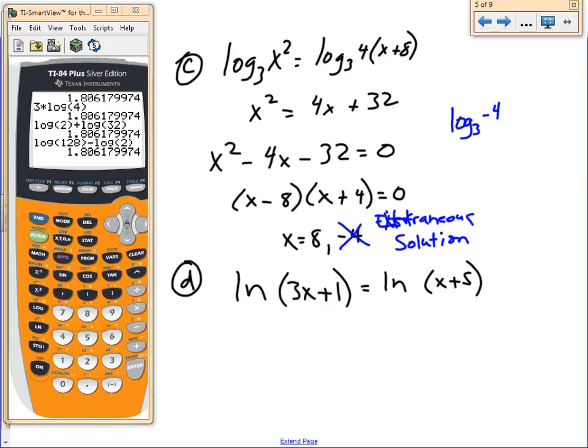Got your logs. Now I can just drop them. So 3x plus 1 equals x plus 5. 2x equals 4. X is 2. What should happen when I plug 2 back in? It's 3 times 2 plus 1, 2 plus 5. Natural log of 7 is equal to natural log of 7.